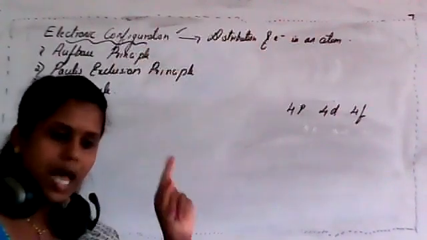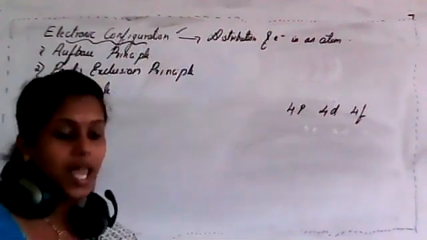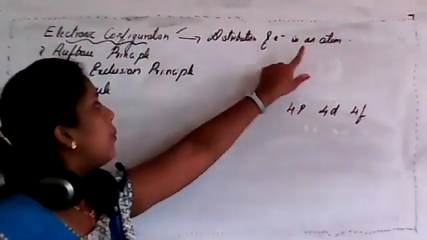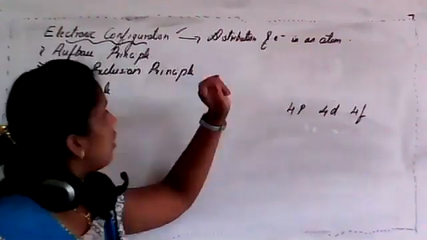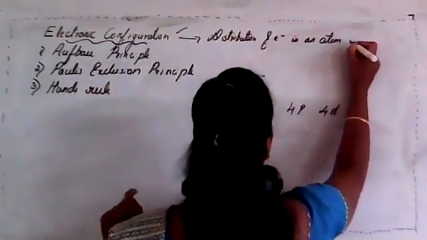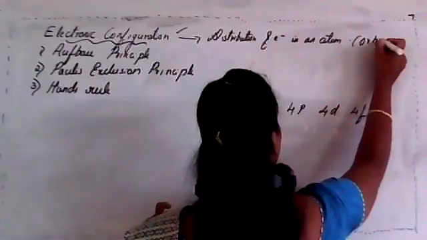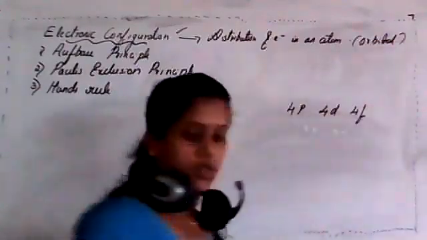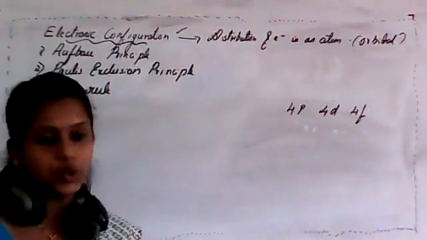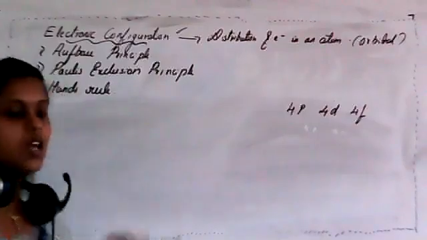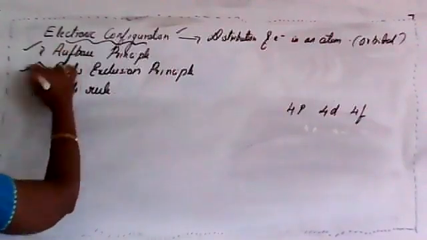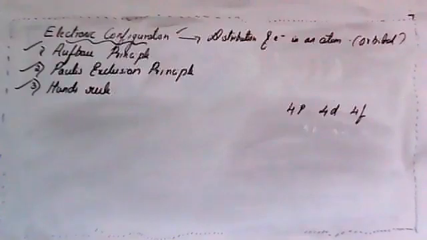So to arrange the electrons in atomic orbitals, we have to know three important rules or principles.